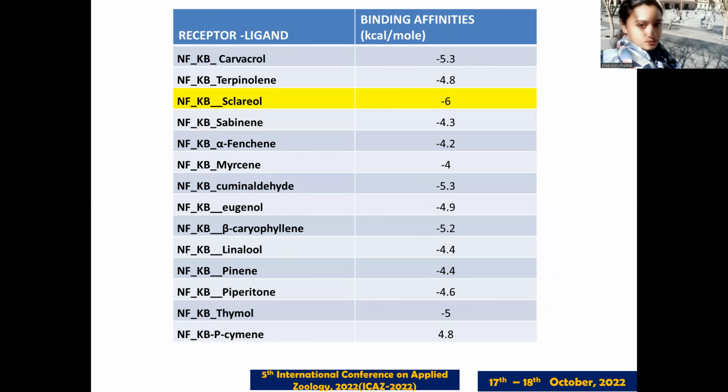In the first result, you can see the receptor-ligand interaction of NF-kB with our targeted ligands, or compounds of Artemisia absinthium, and you can see that the best result was obtained between NF-kB and secretiole, which gives the best binding energy, or you can say binding affinity.